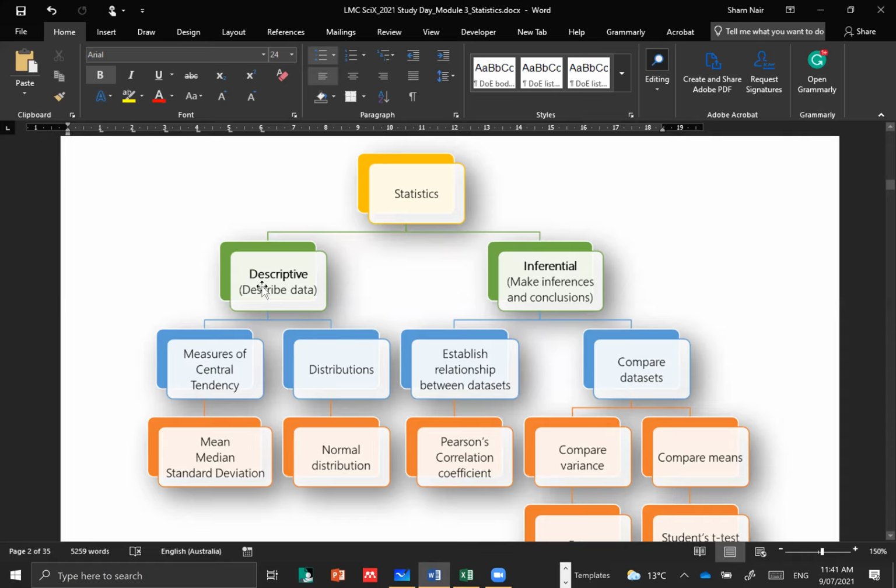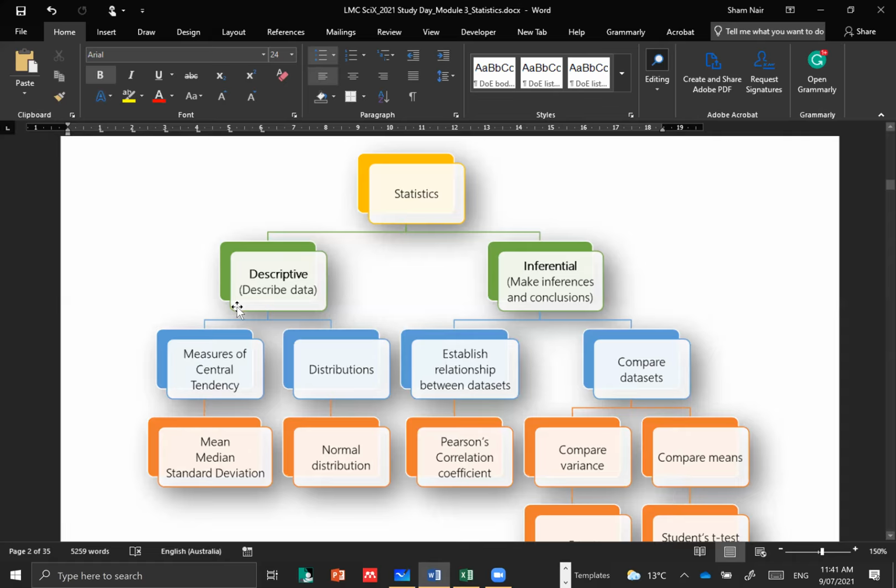Now, the names actually tell us what these different categories of statistical tests are used for. Descriptive statistics basically describes the properties of data. Inferential allows us to make inferences. Inferences means to draw conclusions, and we can actually extrapolate.